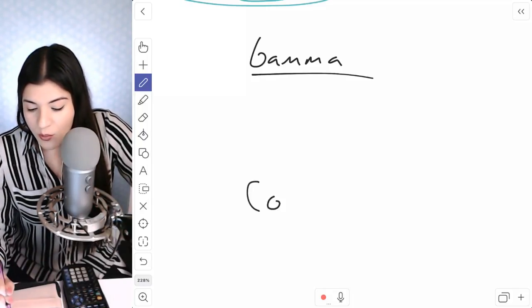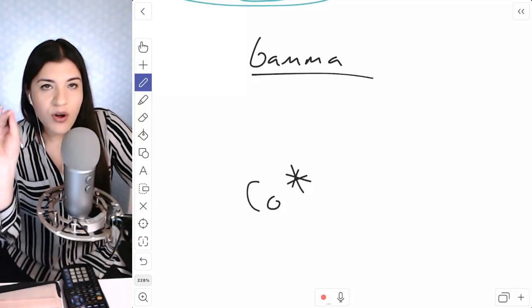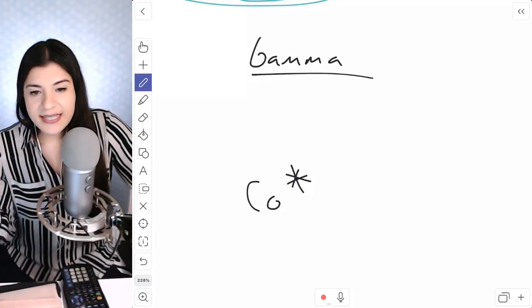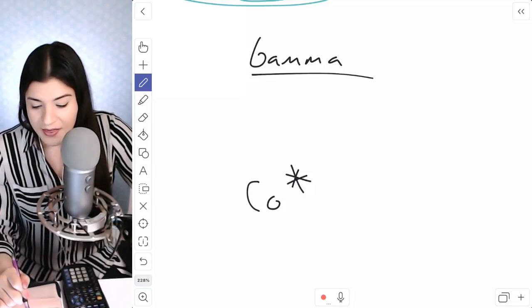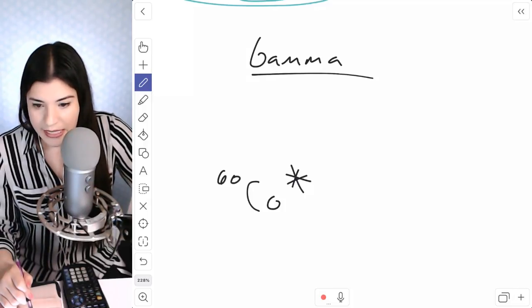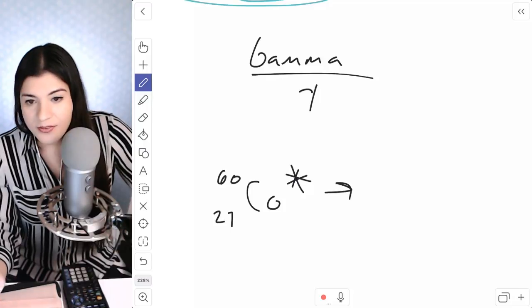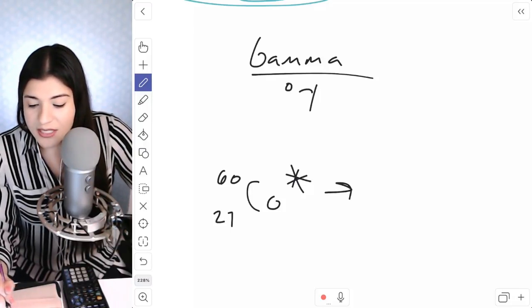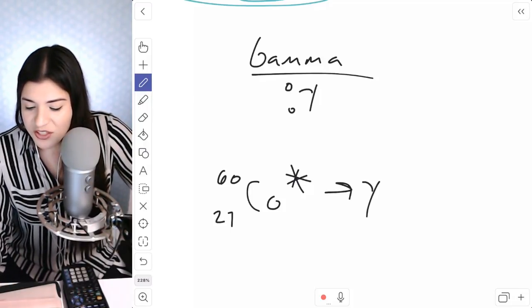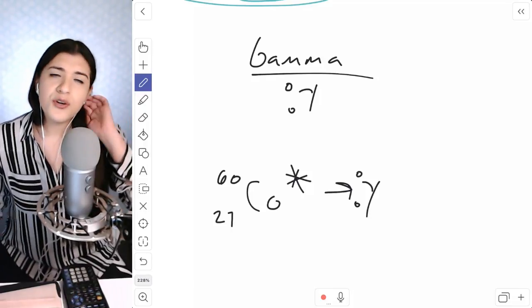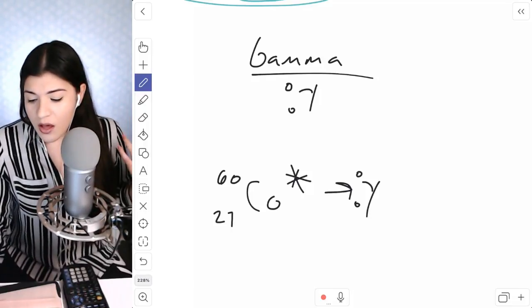So let's say cobalt, and I would put some sort of little asterisk, just representing that it's in its excited state. And this would have been, once again, the mass number and the atomic number. And then the symbol for gamma is this funky looking Y, and there's a 0 and 0 on top. There's no change in your atomic number or your mass number.